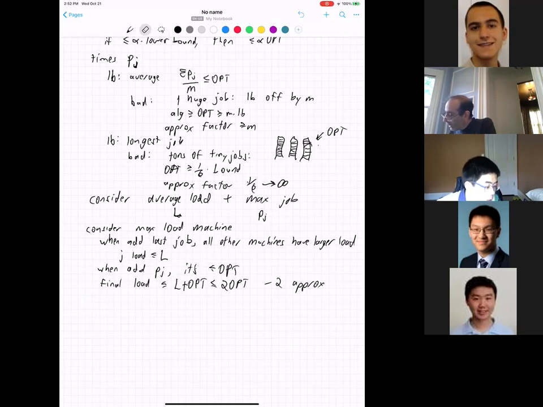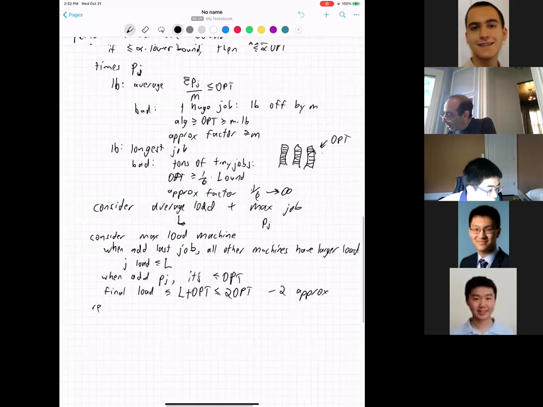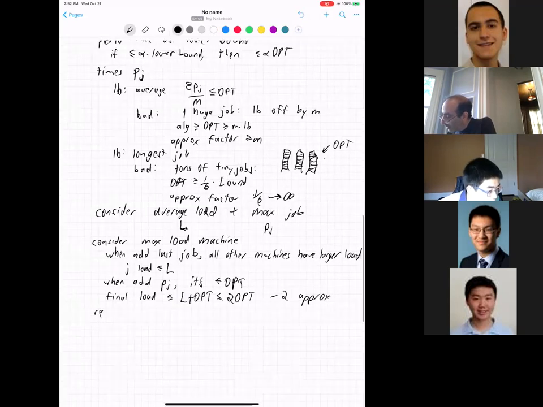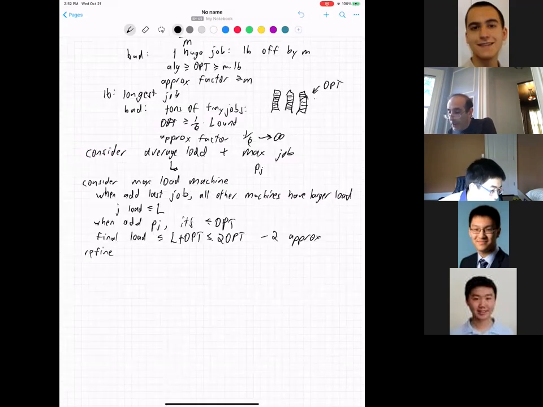Because essentially that last job that I'm adding is not contributing to the average load that I assert for the first bound that I'm using.